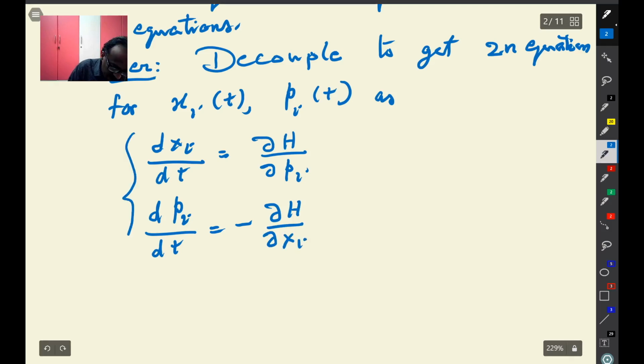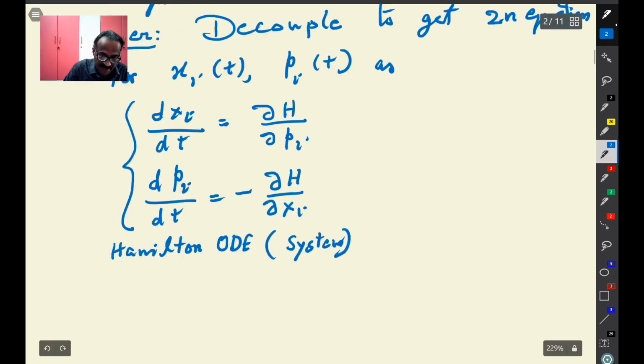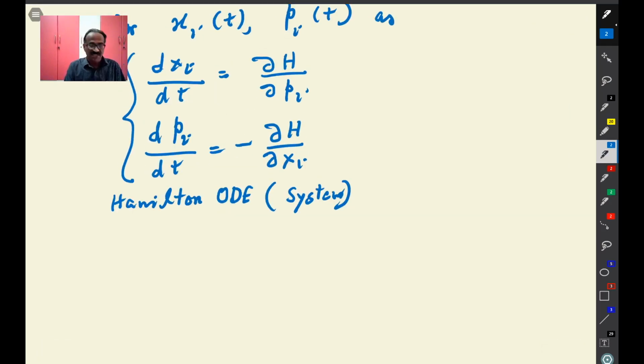So this is a set of 2n equations. This is called a Hamiltonian system, Hamiltonian ODE or Hamilton system. This again has importance from classical mechanics. What we are discussing is a very general case, but when you have a special Hamiltonian, in classical mechanics the Hamiltonian is nothing but your total energy.